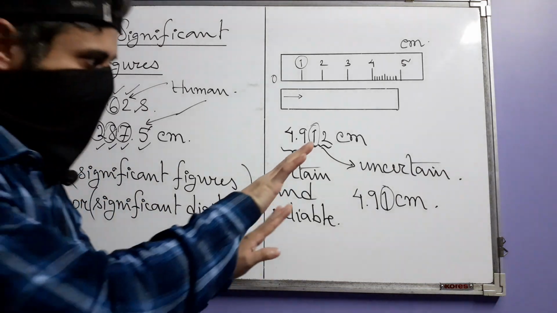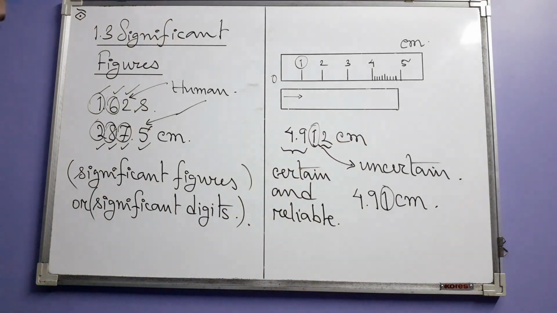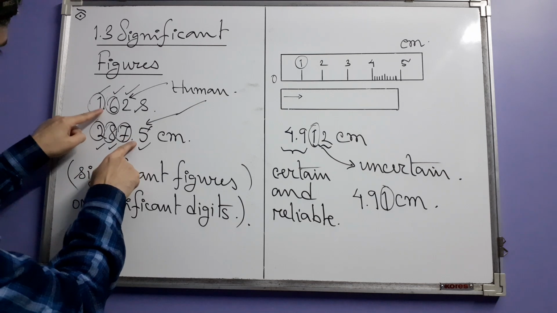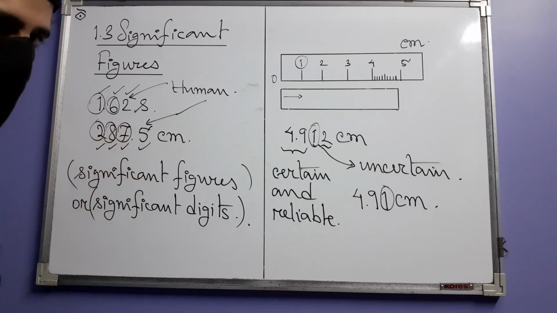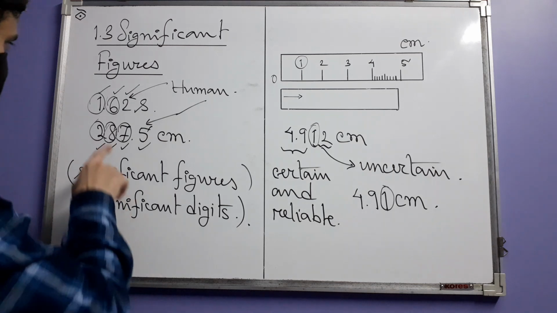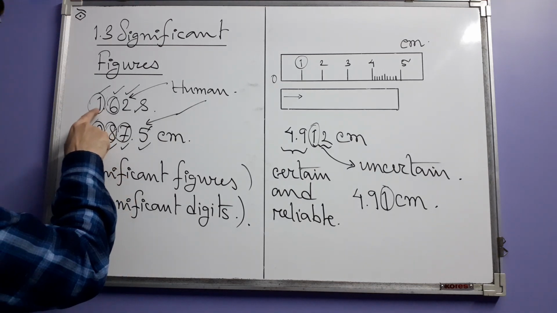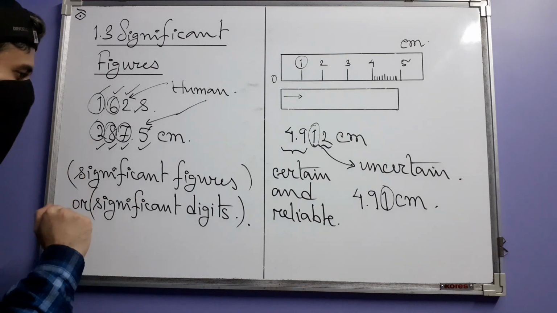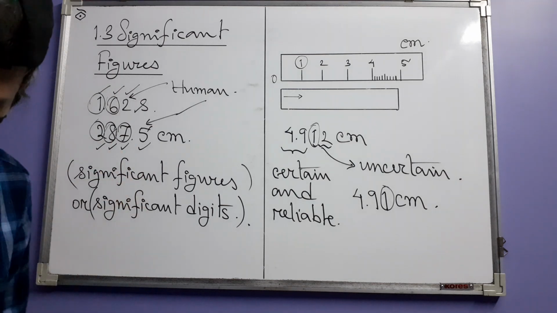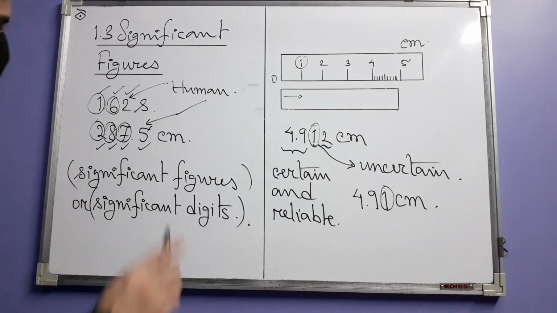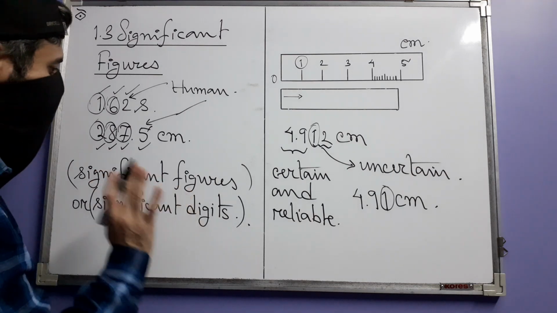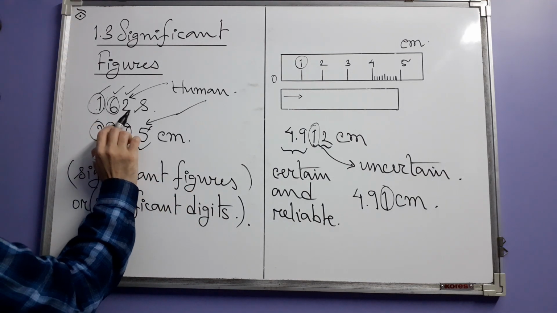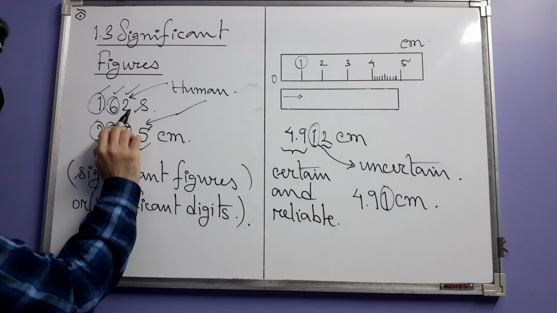Now you may have already noticed one thing. It does not really matter where the decimal point lies. That is one observation, because here the reading is 1.62, here it is 287.5. One more thing that is important is the number of significant figures. There are 3 significant figures here, 2 certain, 1 uncertain.